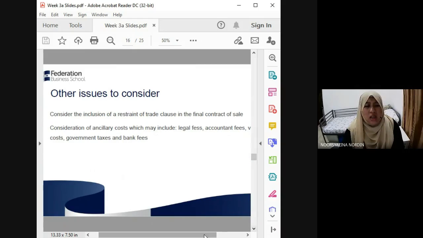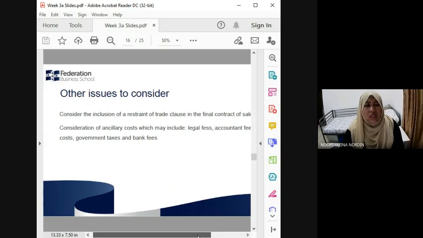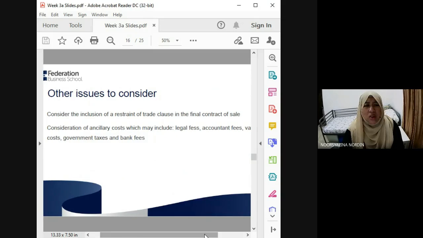Alright. So the other issue that we have to consider is the inclusion of a restraint of trade clause in the final contract of sale. So when they agree to sell their business to us, we have to make sure that the restraint of trade is really final, and they do not have any rights to take it back.